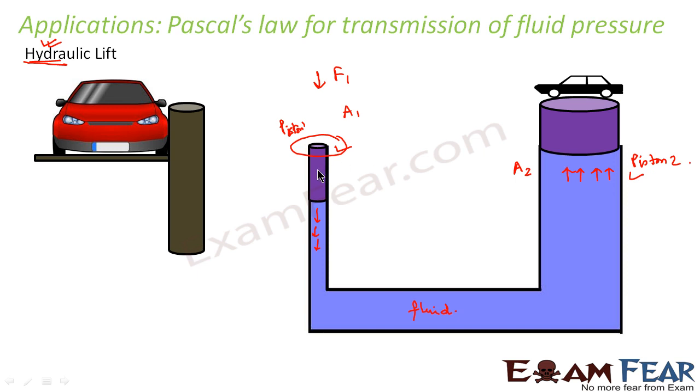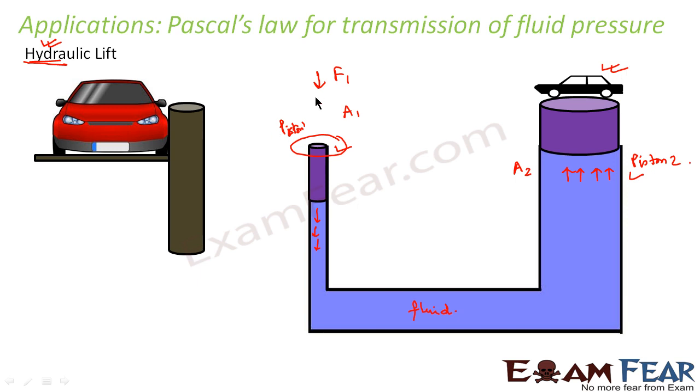But in this case, since you applied it over a smaller cross-sectional area, even a small force was enough to move this piston. And since the fluid transmitted the pressure without reducing it, the same pressure was able to lift the larger cross-sectional area piston outward, and as a result, the vehicle was easily lifted.